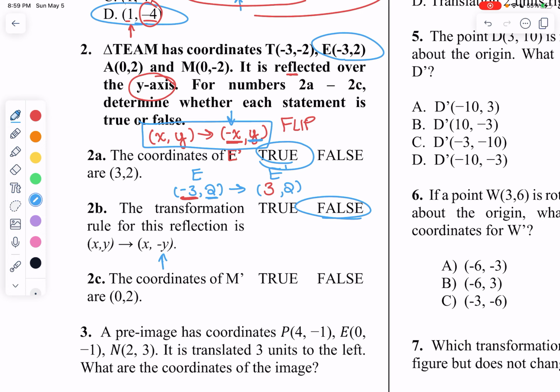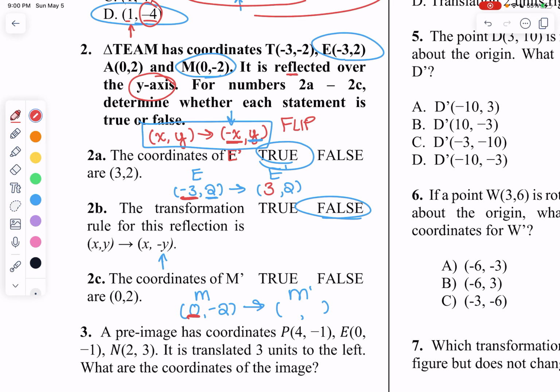So let's see if this is true. The coordinates of regular M, which I'm going to get from right here, are 0, comma, negative 2. What are the coordinates of M prime? Well, our rule tells me that I take the opposite of x. What is the opposite of 0?